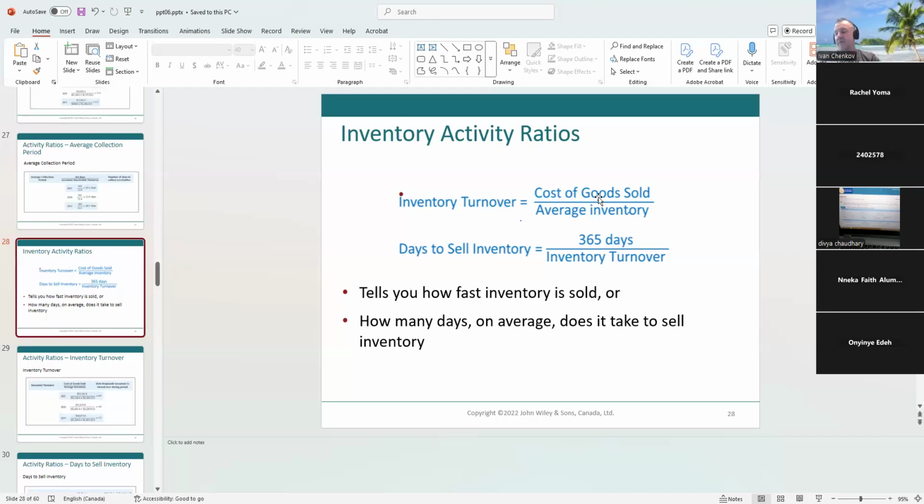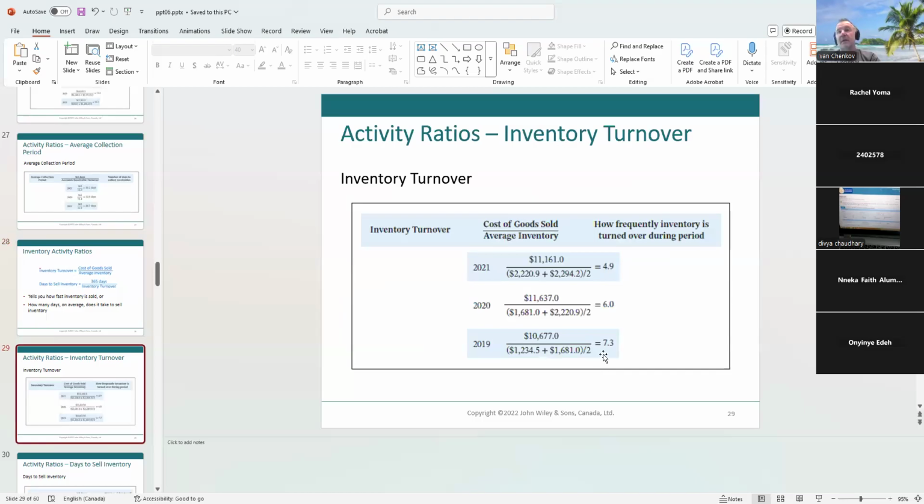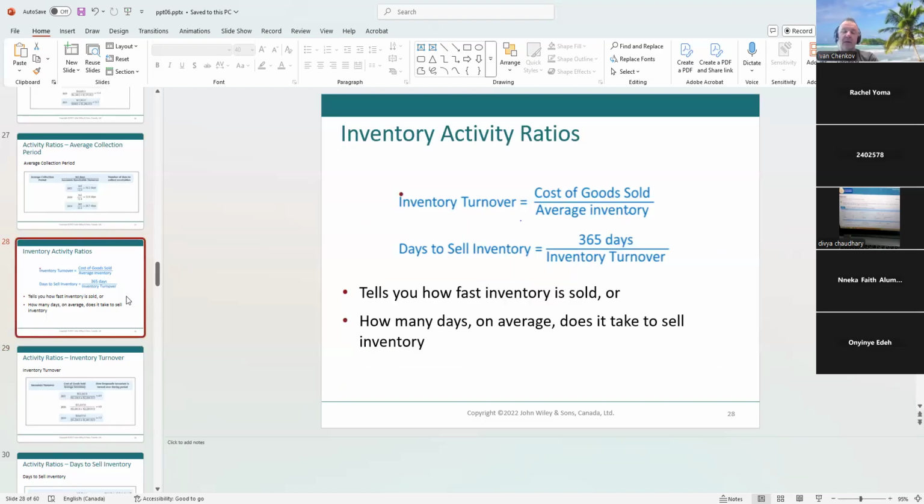So now let's see this company's inventory turnover. Before we continue, it's the same thing as accounts receivable: we're chasing a high number. Higher relative to 365 days means fewer days we need to sell our inventory.